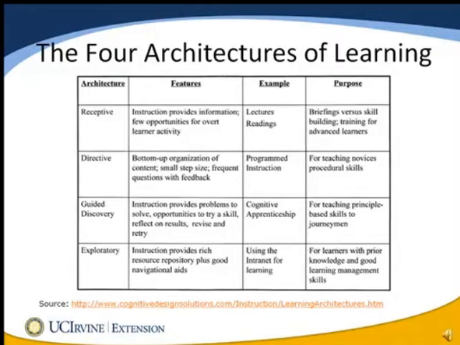When you design a module or an e-learning lesson, you will make design decisions based on the theory or theories you believe in. Ruth Clark has determined that there are 4 design architectures of learning. These architectures are aligned with the theories of behaviorism, cognitivism, and constructivism. These architectures have been and are used extensively in e-learning.